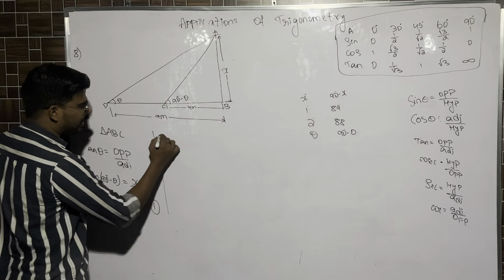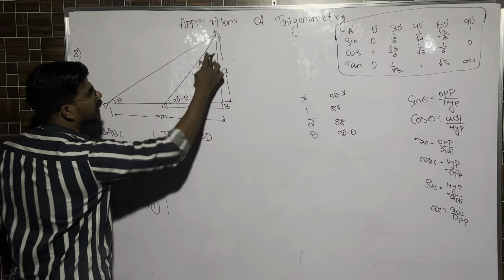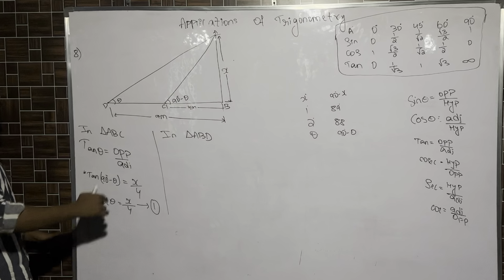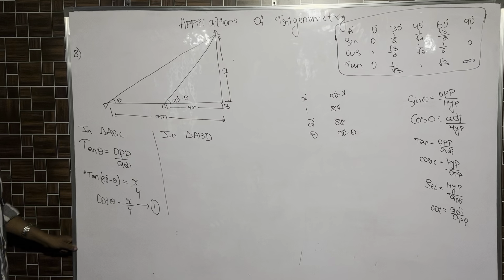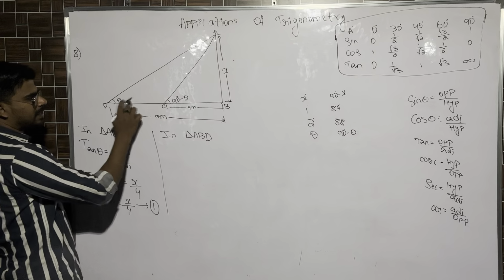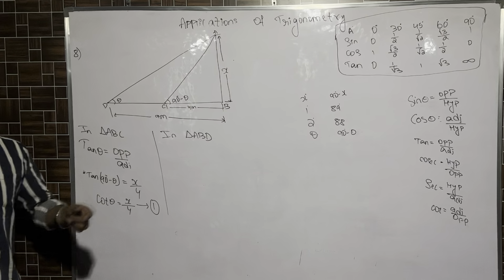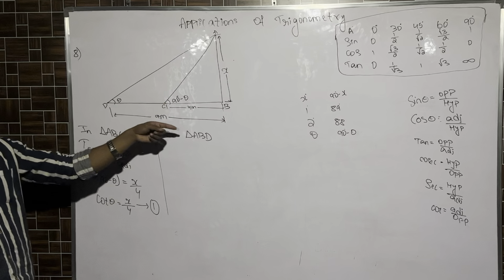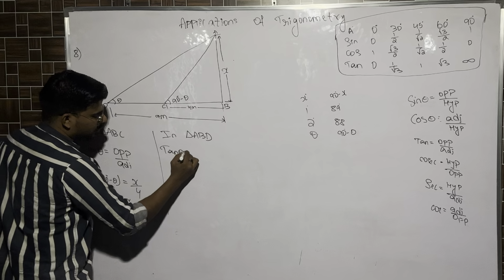Next, what is the other triangle? In triangle ABD, with respect to this angle, opposite is x. Adjacent is DC plus CB, the complete distance, which is 9. Opposite by adjacent, again tan theta.